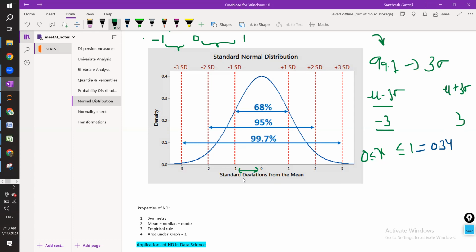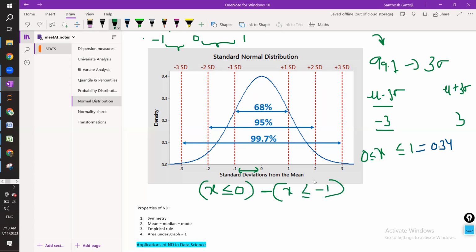Perfect. Correct. Fine. So first we need to calculate minus 3 to 0. But how will we get minus 3 to 0? If you just do x less than or equal to 0, that will give minus 3 to 0. Agree? Minus x less than or equal to minus 1.